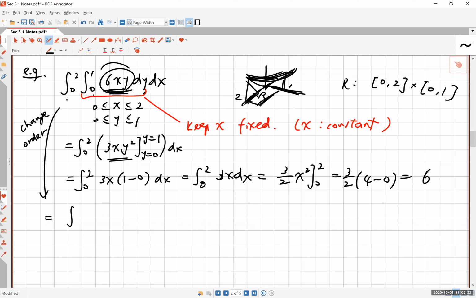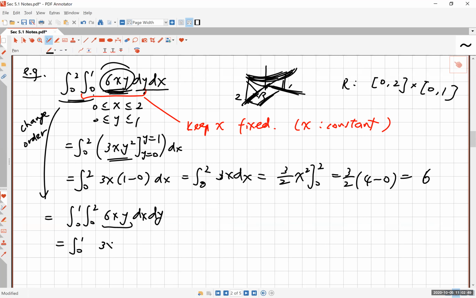And of course, you have to pay attention to these little numbers too, because if you switch the order from dy dx to dx dy, then these numbers also change. So if you write it this way, then what is the antiderivative of 6xy if y is constant and x is the only variable?